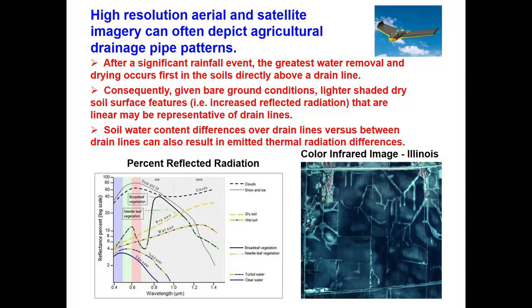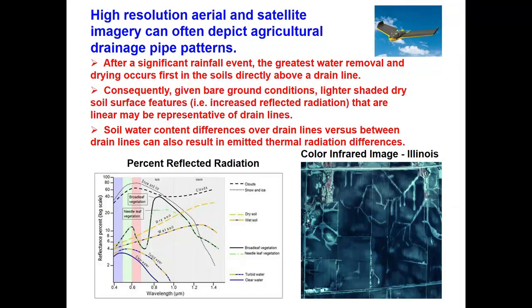The other thing is that because you have these water content differences over the drain line versus between the drain lines, and because of the specific heat capacity of water, you're going to probably have temperature differences over the drain line versus between the drain lines. And this is something that can be picked up by thermal infrared imagery.